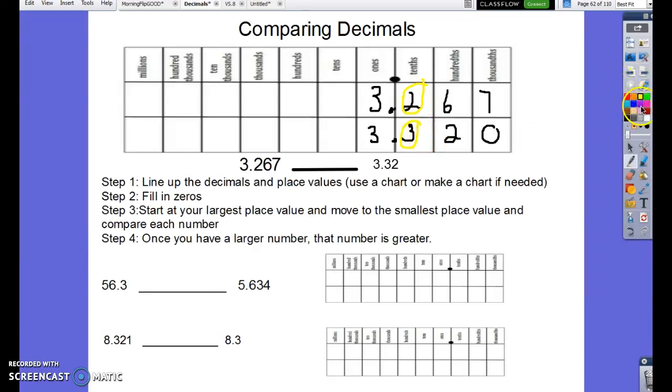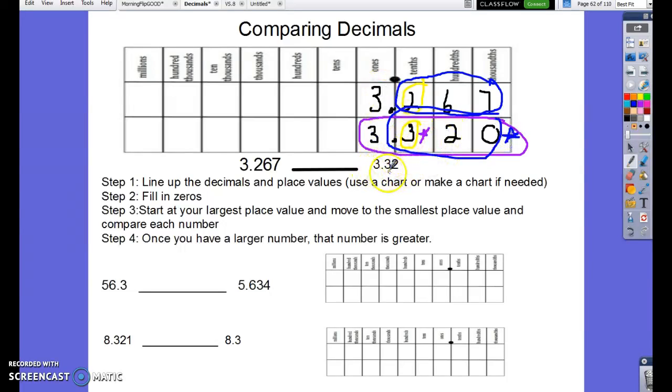Okay, the 3 is larger, so that means that this number, 3 and 320 thousandths, is larger than 3 and 267 thousandths. And if you notice, the number behind the decimal point is 267 compared to 320, so that again would make this larger.